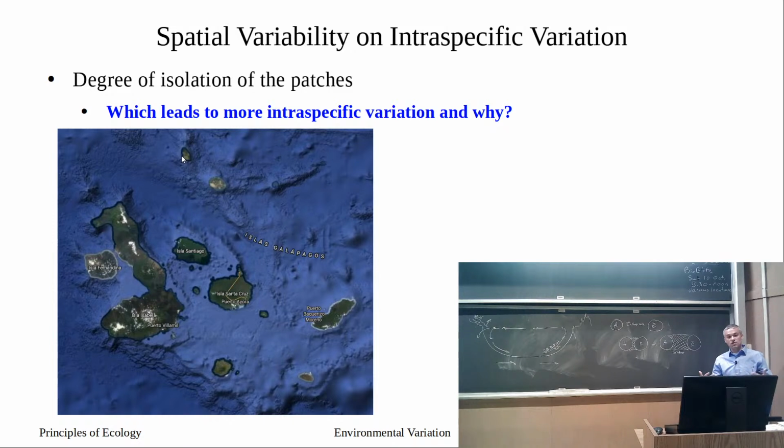We don't have gene flow modulating or eliminating that variation. Close patches, you're going to readily have gene flow. So as evolution tries to take you down one path, gene flow is countering that. You can go back and look at our evolutionary ecology presentations to see those.